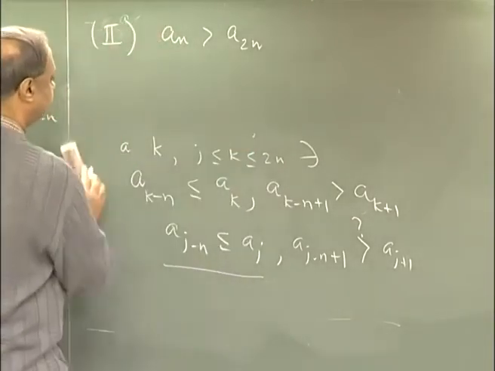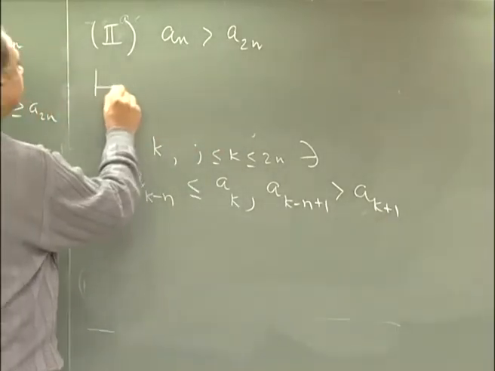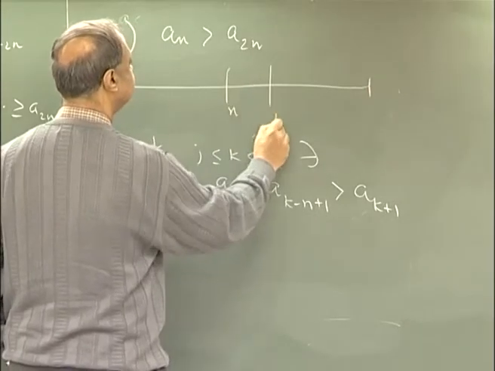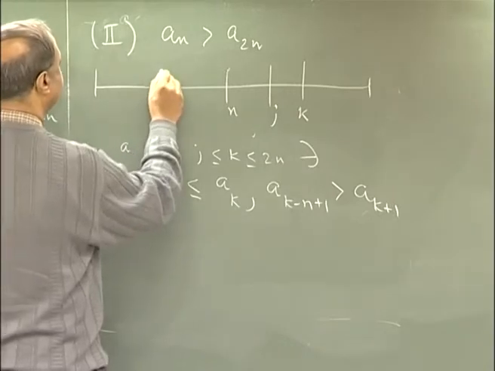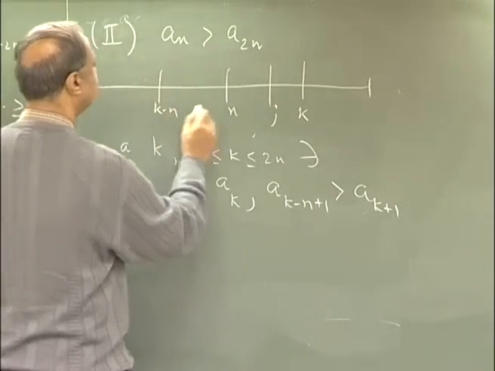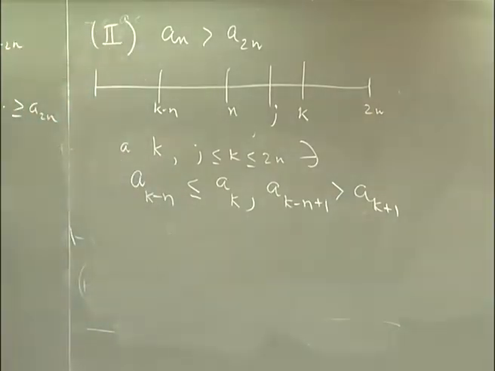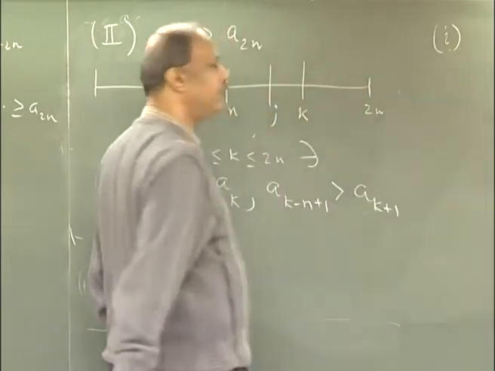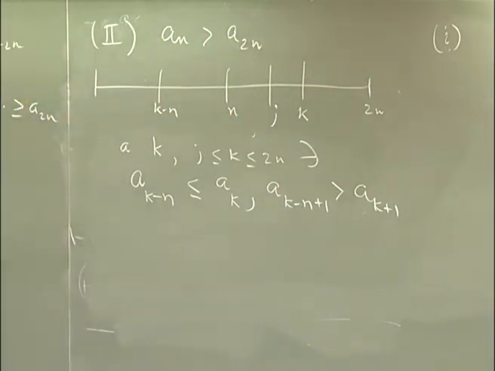Then you got this is n, this is j, this is k, this is k minus n, this is 2n. Now here you have three cases about your ai and an plus i.